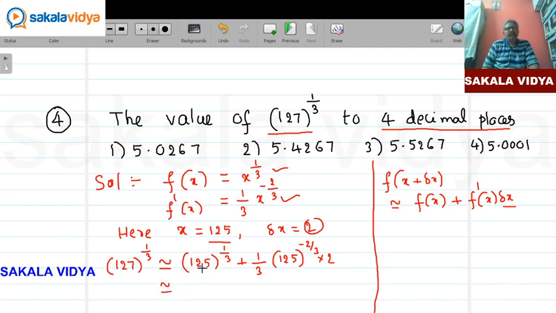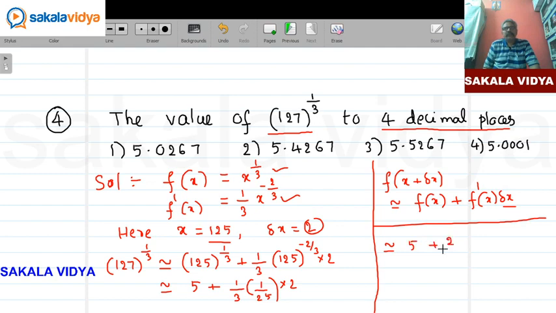Cube root of 125 is 5, plus 1 by 3 into 5 cube, 5 power minus 2 is 1 by 5 square, 1 by 25, into 2. Approximately equal to 5 plus 2 divided by 75. Now, we need to divide 2 by 75.